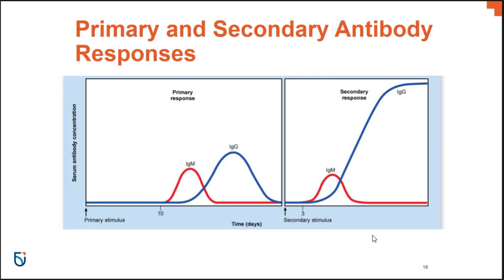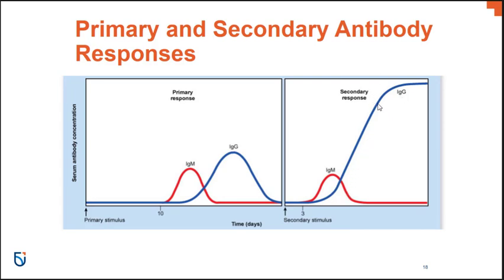Now let's look at a later encounter with the same antigen. This will trigger those waiting memory cells to act faster than before, and they will produce even more memory cells and plasma effector cells that release more antibody than before. And so this later encounter, or we can say the secondary stimulus, is going to produce a secondary response, but you can see that this is a much faster response and a much grander response.